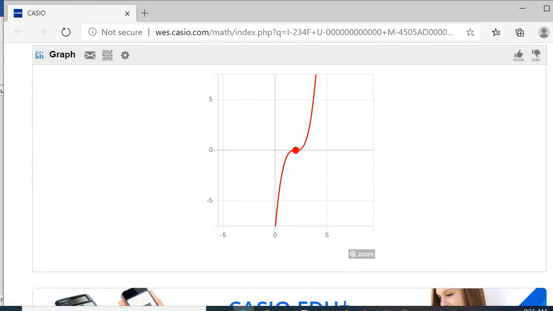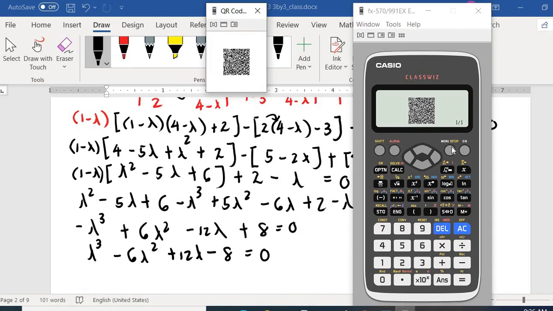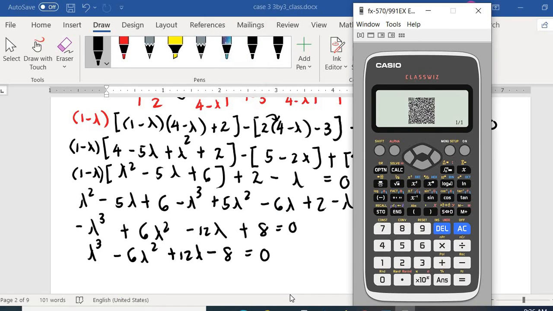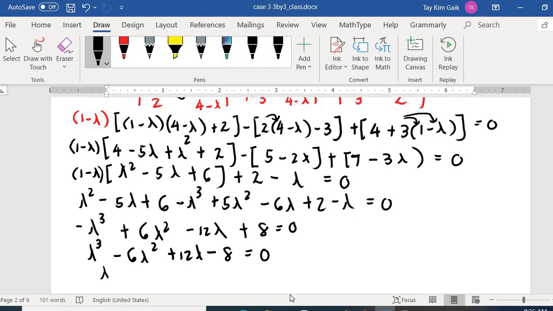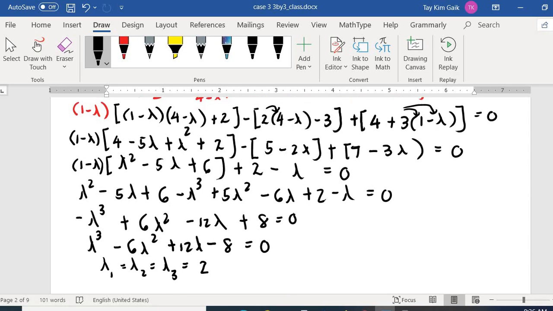Since it is only one root, you can use your handphone to scan the QR code and the graph will be plotted on your handphone. So in this case you have only one repeated root: lambda 1 equals lambda 2 equals lambda 3 equals 2. Because it is cubic you should have three roots, but the calculator gives you one, and you have confirmed through the graph that there is only one root. So you get 3 same eigenvalues.